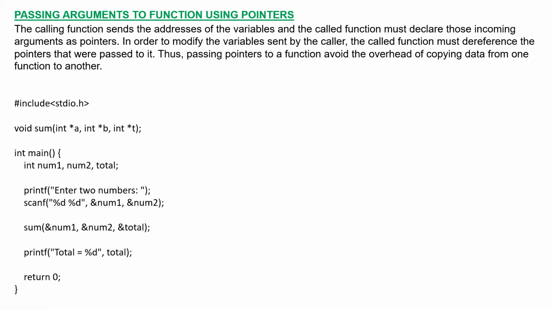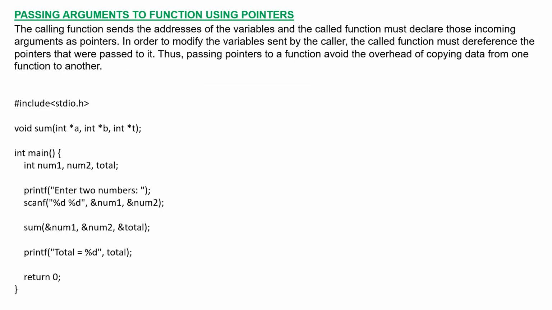So let's see about passing arguments to a function using pointers. The calling function sends the address of the variable, and the called function must declare those incoming arguments as pointers.